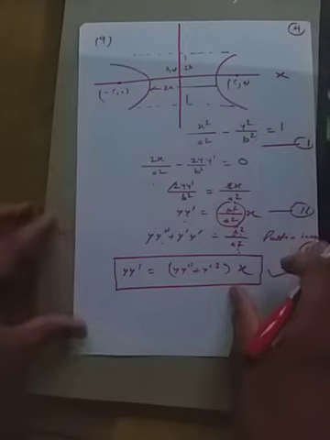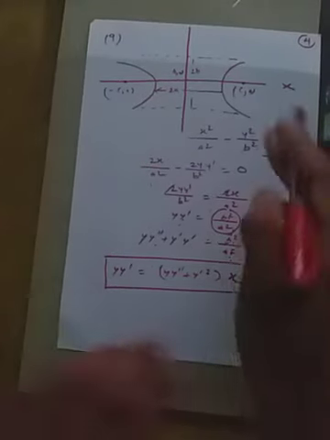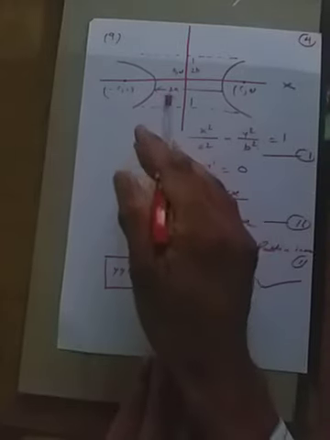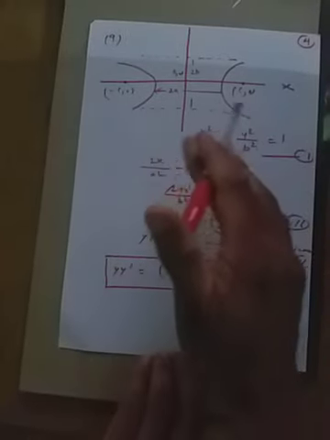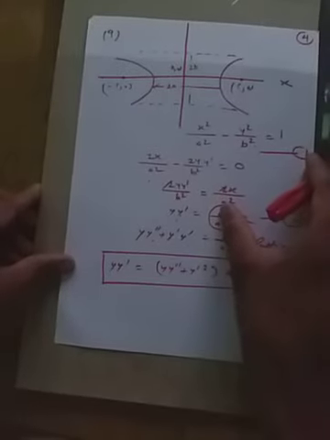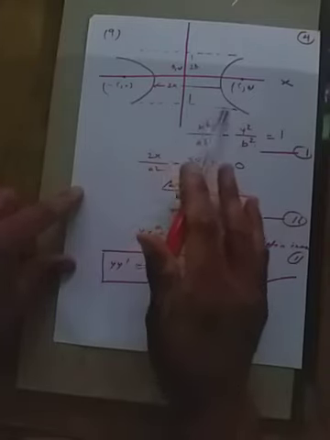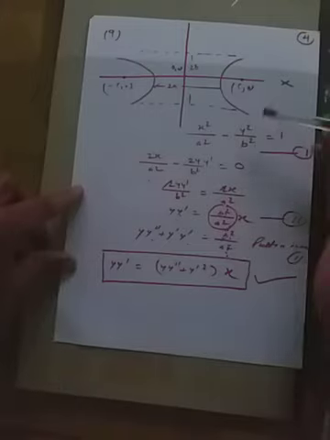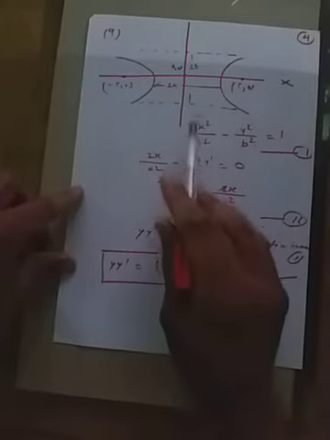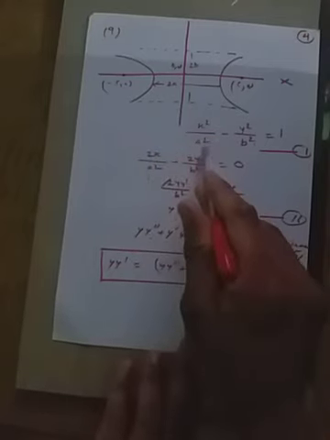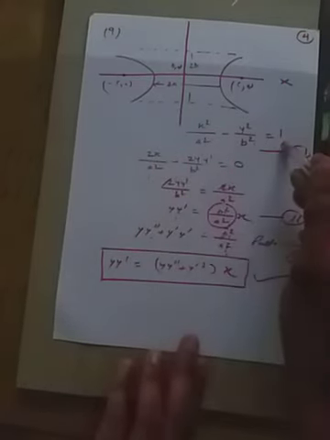Now come to question number 9. We are given a hyperbola whose transverse axis is the x-axis, right? So the equation of such a hyperbola is x square upon a square minus y square upon b square equal to 1.